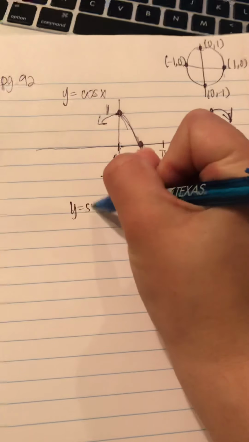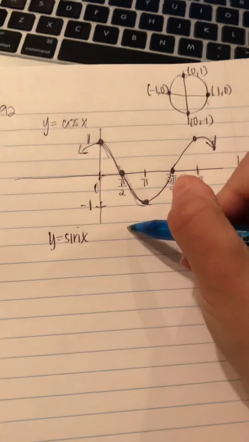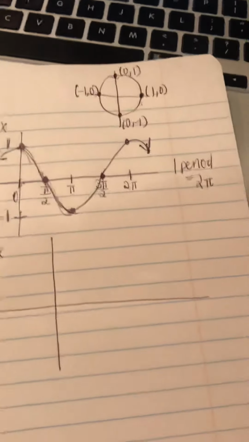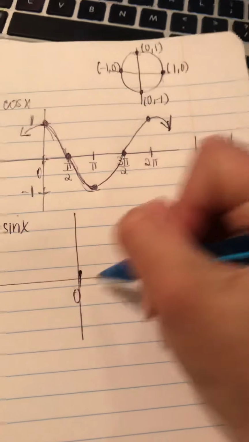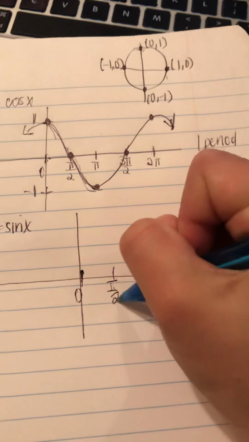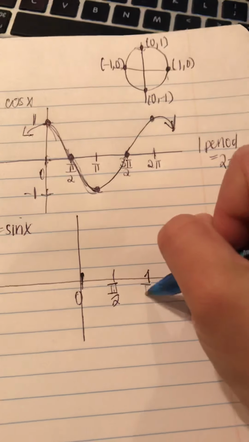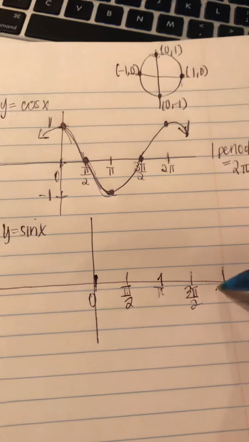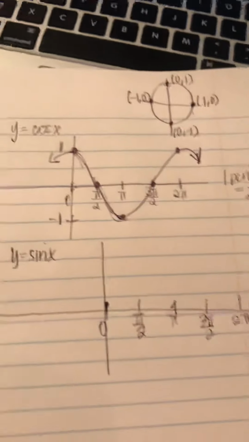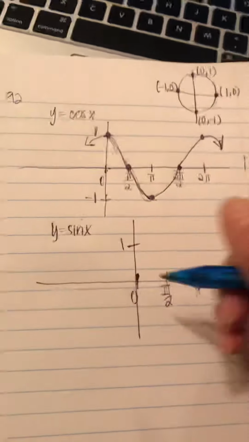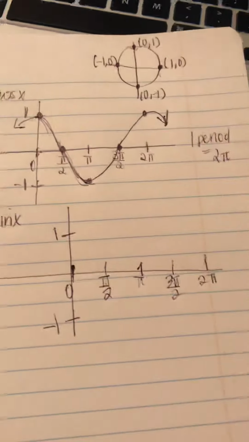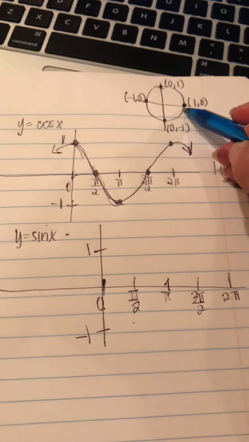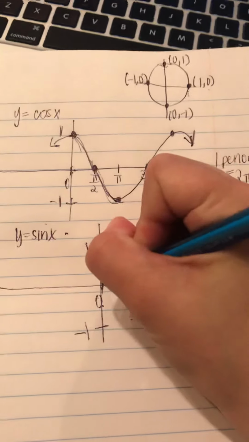Y equals sine of x. And let's go with this. I'm going to do the same points, which are 0, pi over 2, pi, 3 pi over 2, and 2 pi. Okay, don't forget the maximum is 1 and the minimum is negative 1. So this time for sine, we're looking at the y coordinates. So at 0 degrees, the y coordinate is 0.